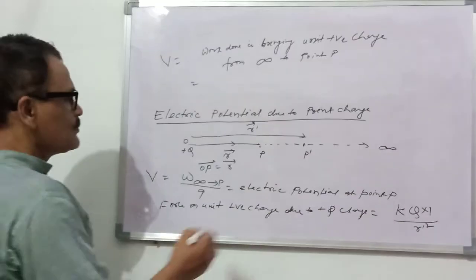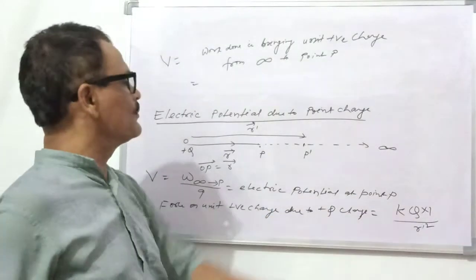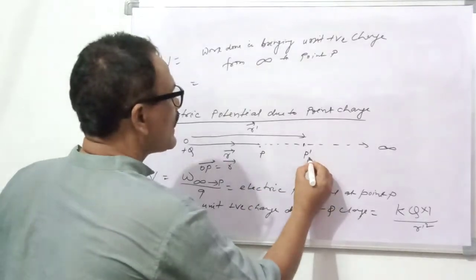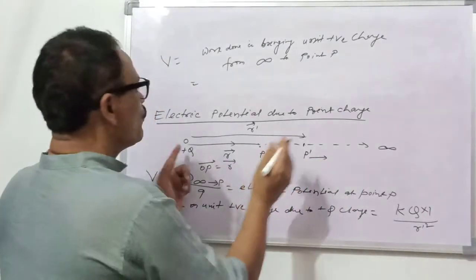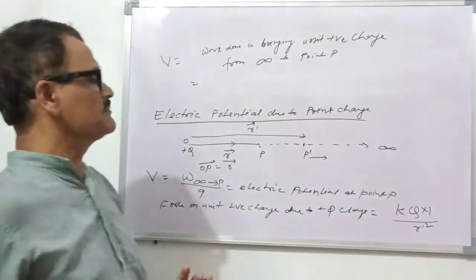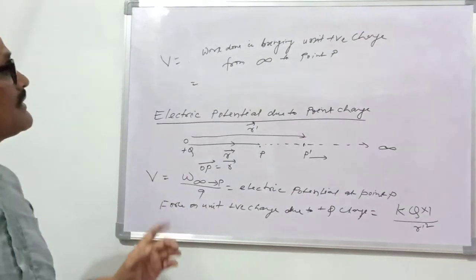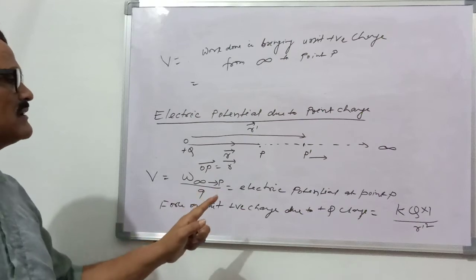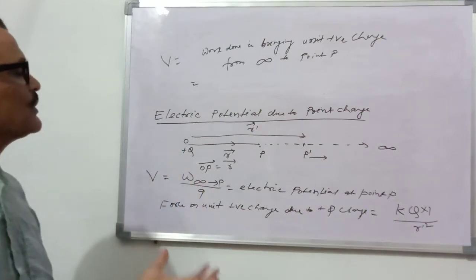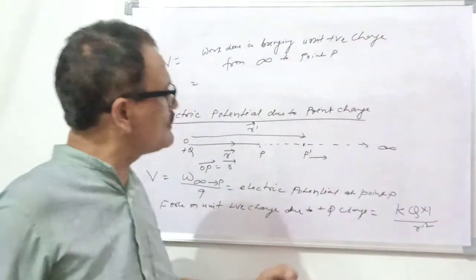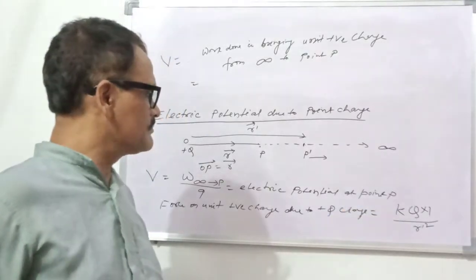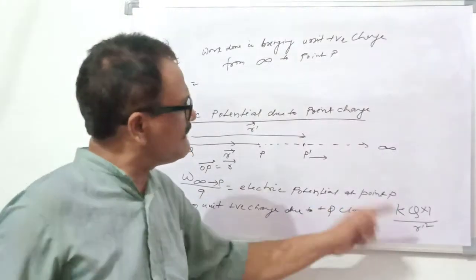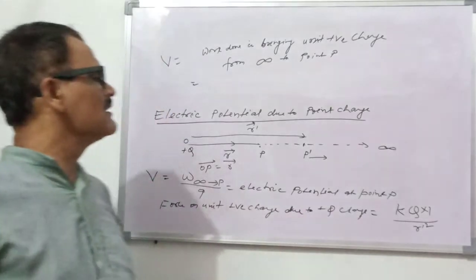The force is the electric force, and this force is outward, since both charges are positive. Since we have to calculate the work done by the external force, the external force must be equal to this electric force, and this electric force is variable because r dash is variable.